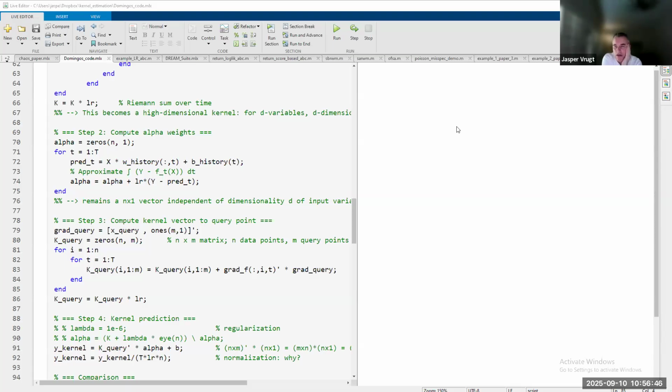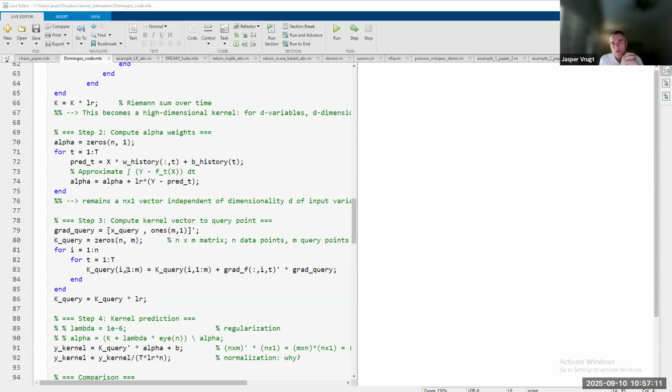Yeah. The other thing that came to mind, oh, sorry, go ahead, Joe. Oh, I was just going to ask, is the kernel or the K matrix a matrix only because this example is 2D? Does it turn into a tensor once we go beyond 2D?